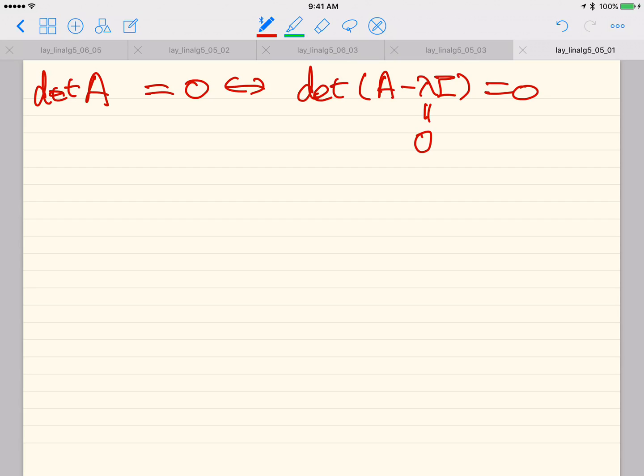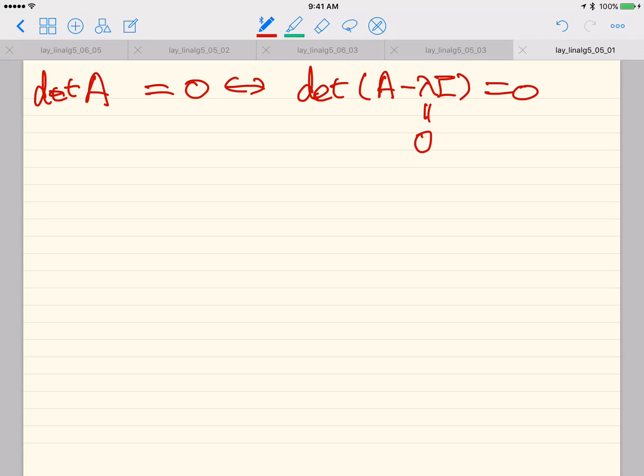Again, we have to carefully choose the lambda value to make A minus lambda I non-invertible or singular. But if matrix A was already a singular matrix, then we can immediately choose the 0 value for your eigenvalue, right?